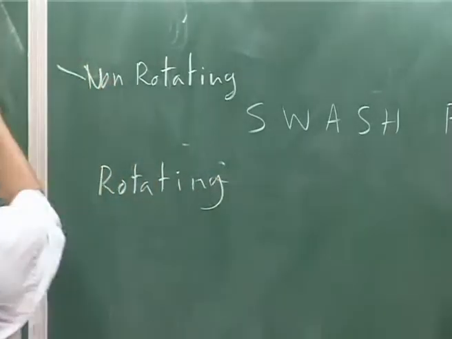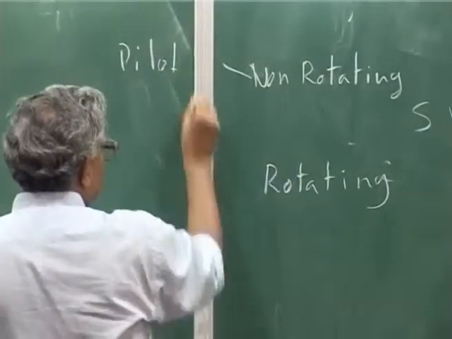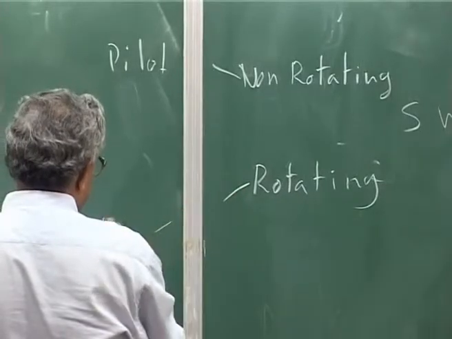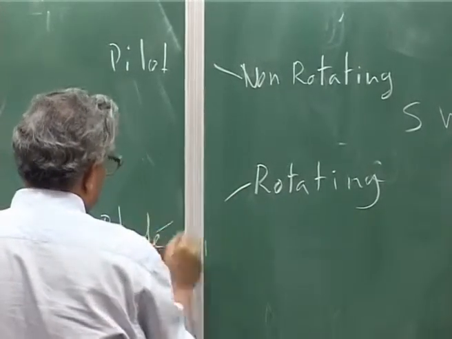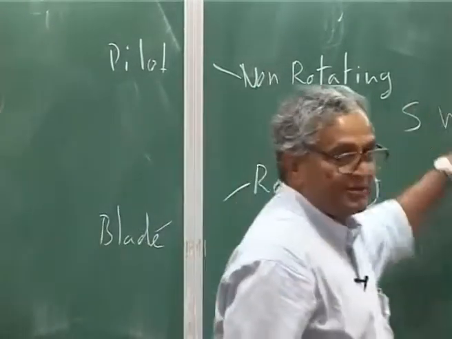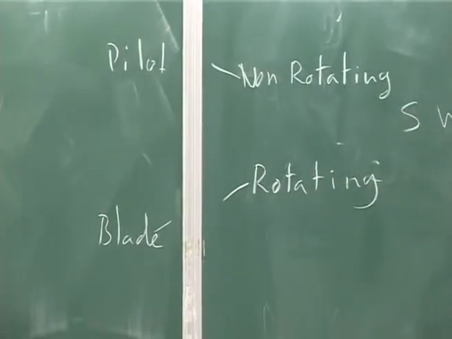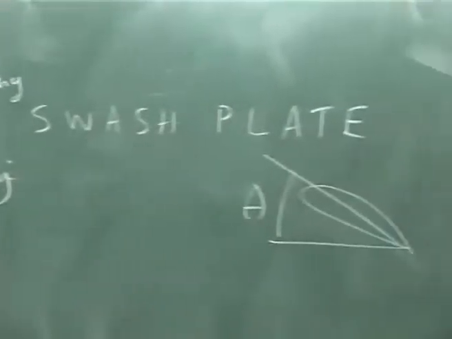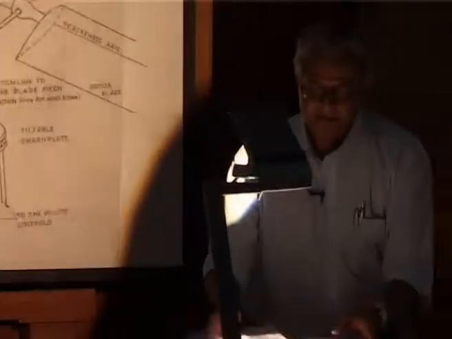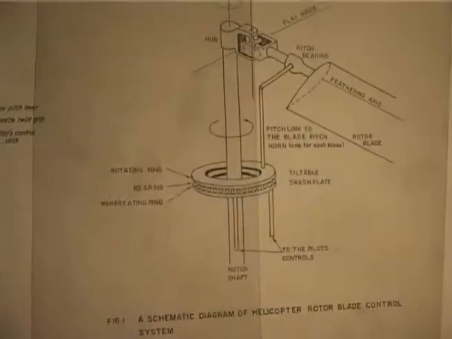This is to the pilot, this is to the blade. So, the swash plate mechanism has 2 parts, and schematically there is another picture which I can show here. It will be like this.